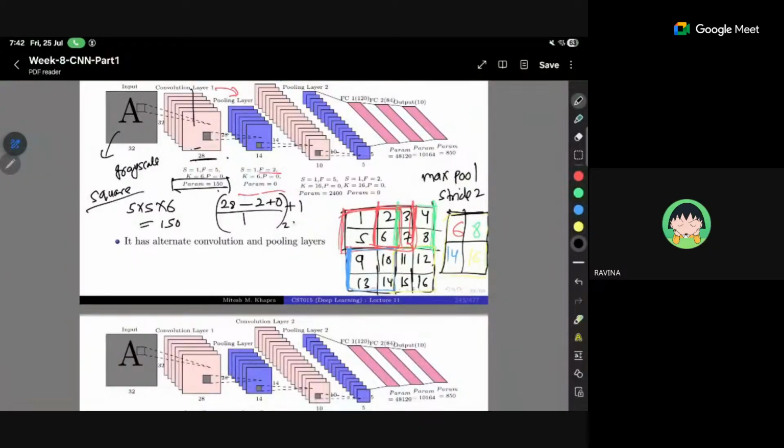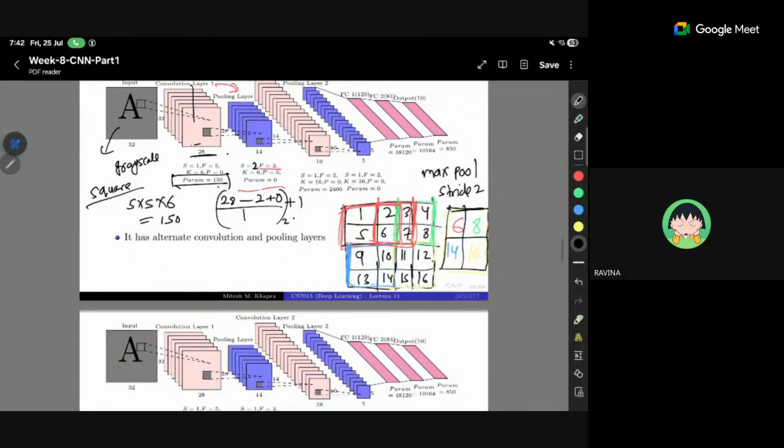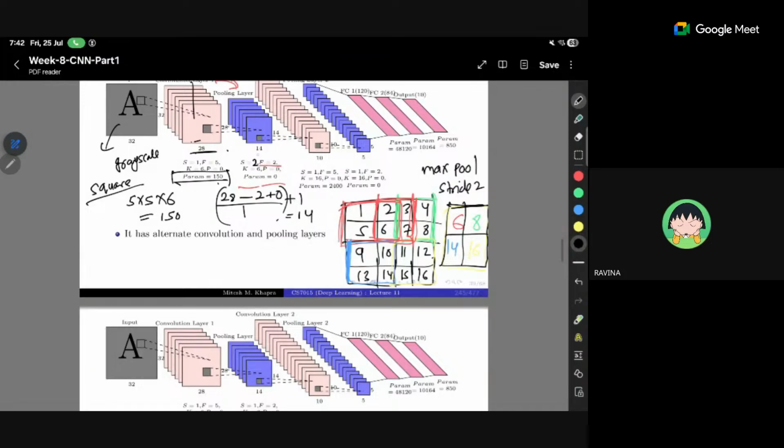So I think there is a mistake. The stride should be 2. Then it will be 13 plus 1, 14, right? So it will become 14. There is a mistake, so it should be stride equal to 2. So 14 is what you'll get. And how many max pooling can we do? Can we do more than 6 max pooling?